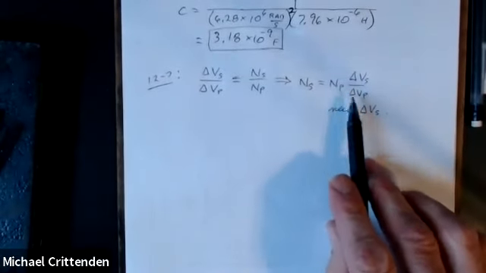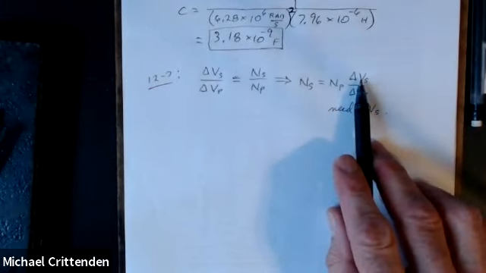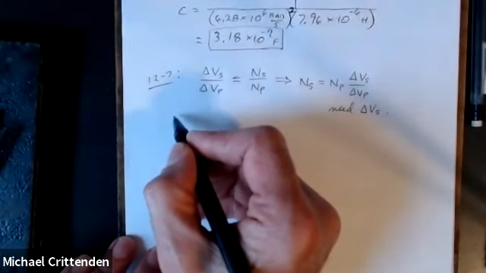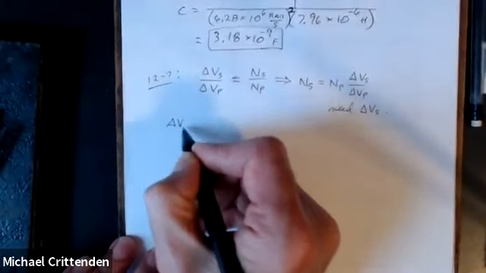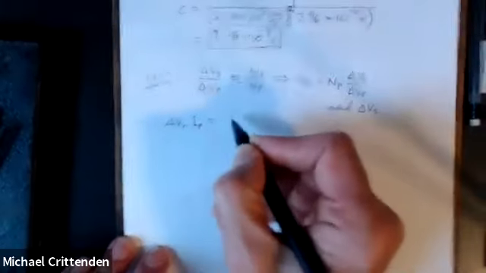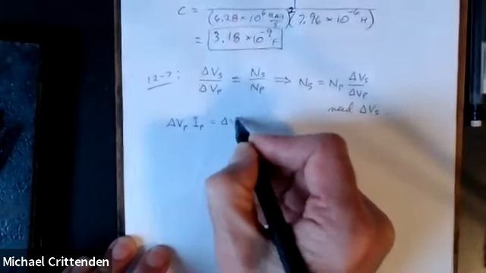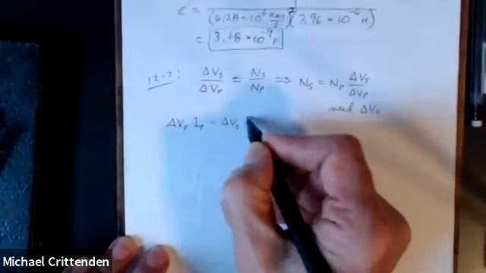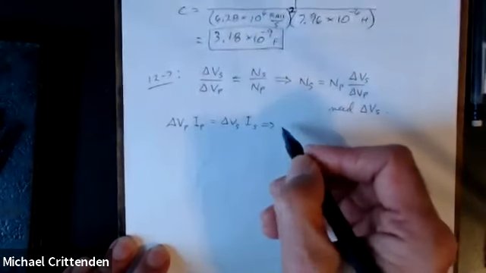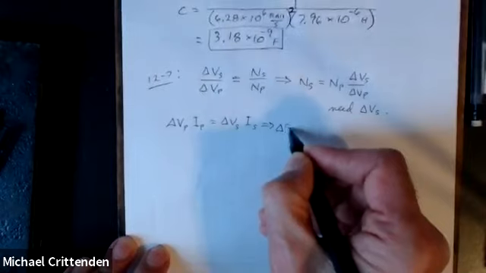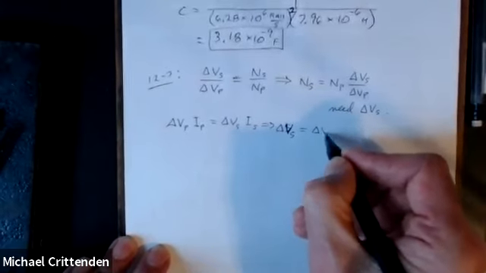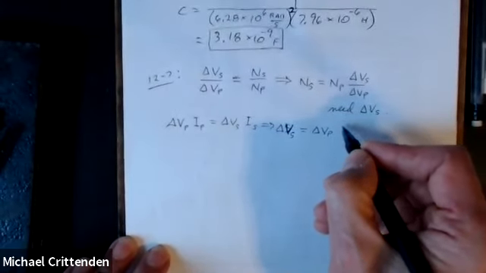So I know that and I know that, but I've got to figure this out before I'll get my answer. And that's where that other equation, the one about power, comes into it. The voltage across the primary coil times the number of amps in the primary coil equals the voltage across the secondary coil times the number of amps there. That implies that my secondary voltage is the primary voltage times the ratio of the currents.